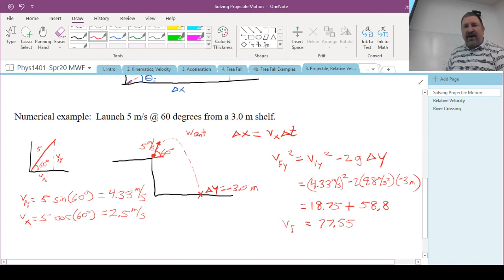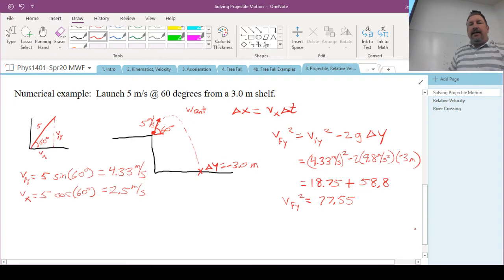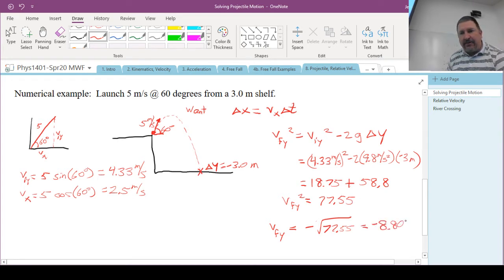And that's v final y squared. So that means that v final y itself is the negative square root of 77.55, which is negative 8.806 meters per second.